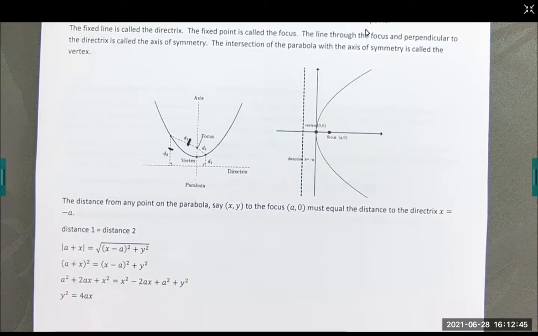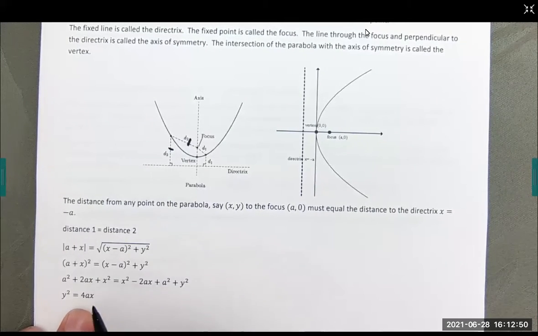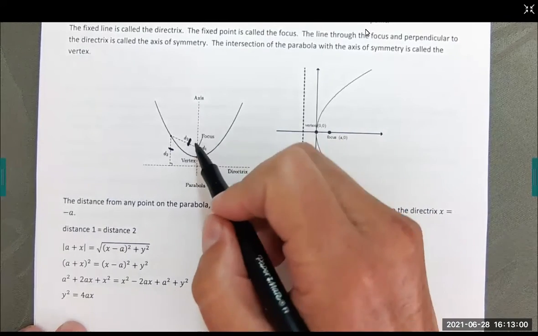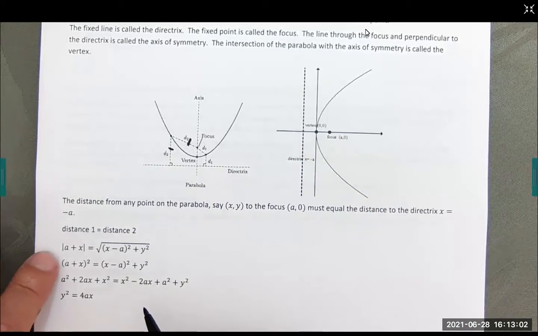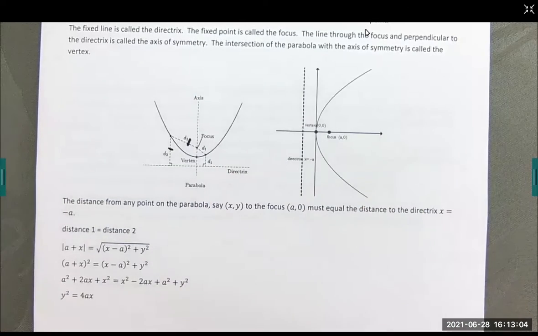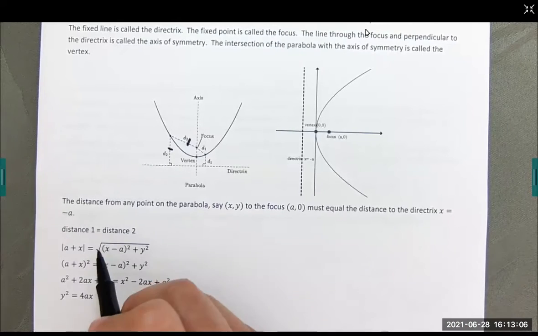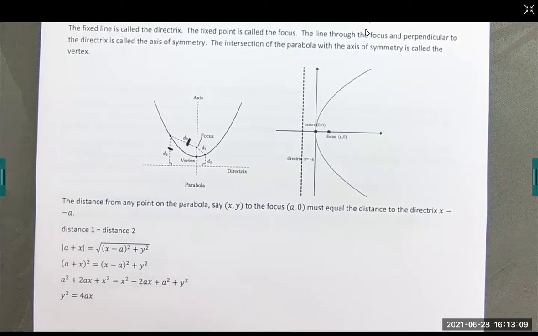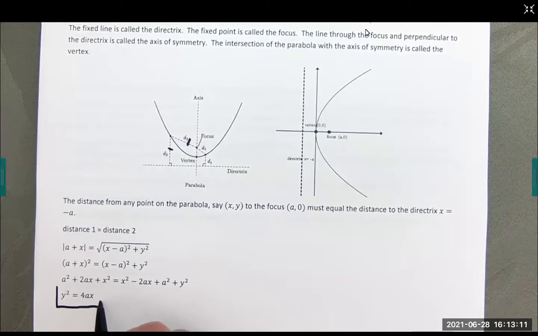And using that, we can actually come up with an equation for the parabola itself. And so we have the distances here. This is the distance from the y-axis to point A. And here's the second distance. Anyway, you can see we can square both sides, FOIL it, and we end up with this piece here.